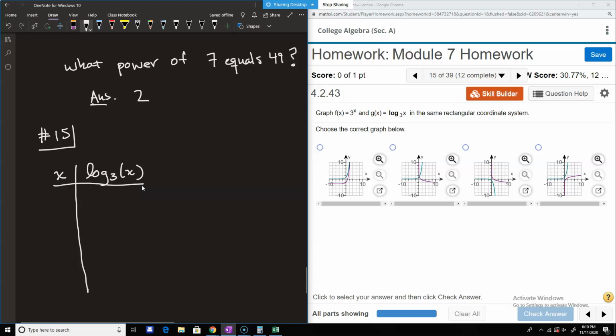One thing that's interesting, if you're thinking about what kinds of things you can plug in: can you plug in a negative number? If I had something like log base 3 of, say, negative 3, what power of 3 makes negative 3?